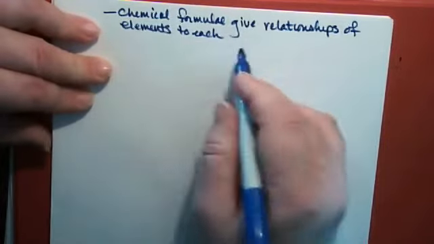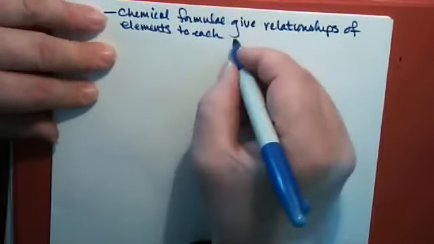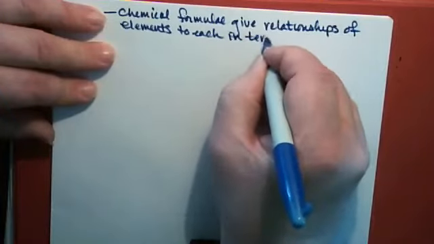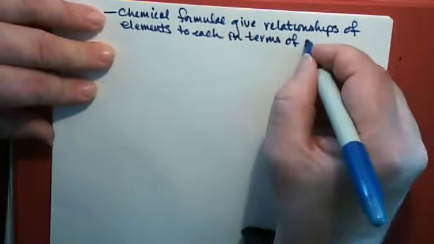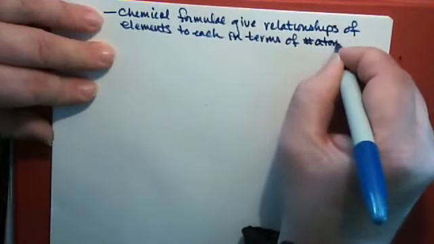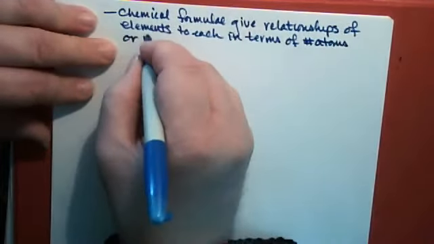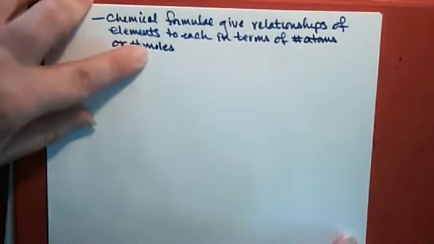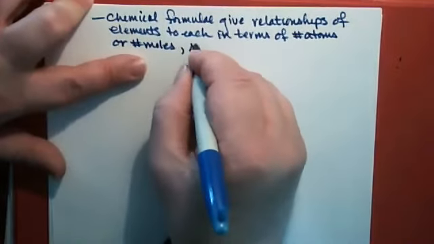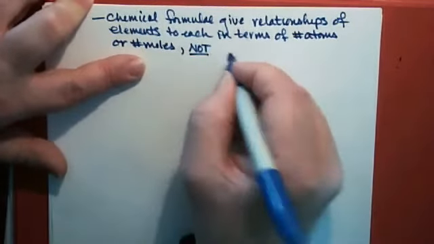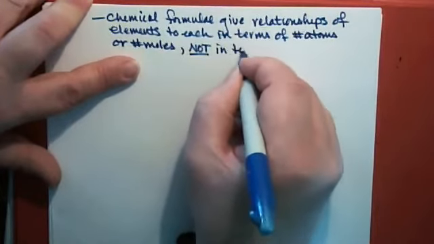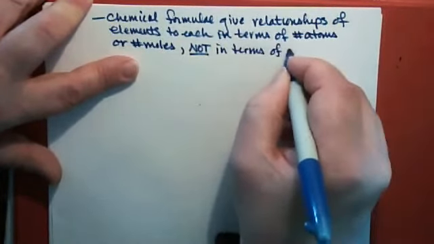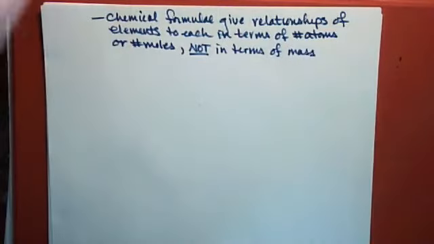Because what a chemical formula tells you is the relationship of the elements to each other in terms of number of atoms or number of groups of atoms. And in chemistry, the most convenient group would be number of moles, not in terms of mass. So that's why we had to go by way of moles.